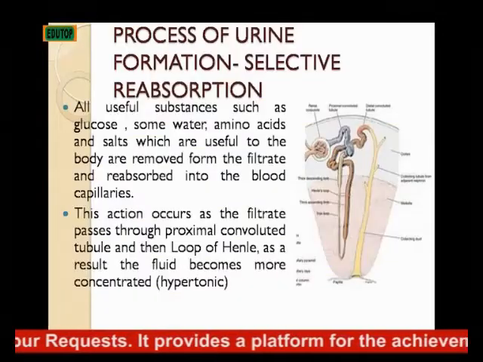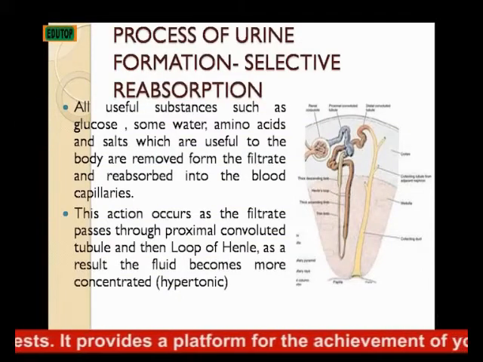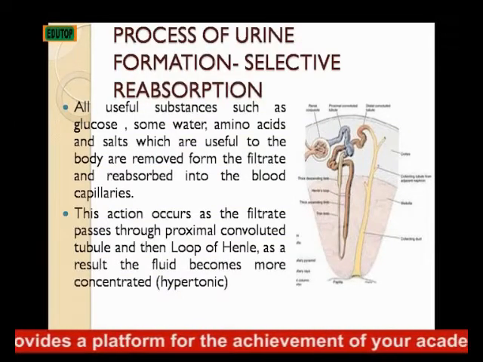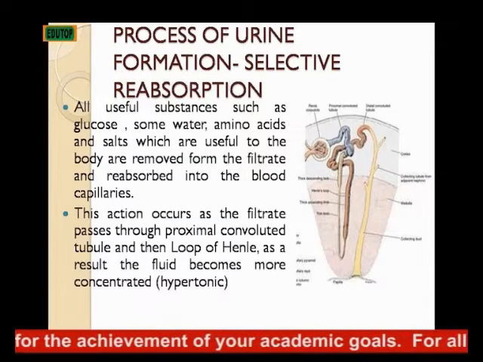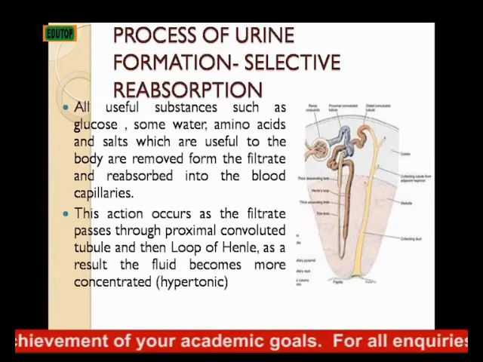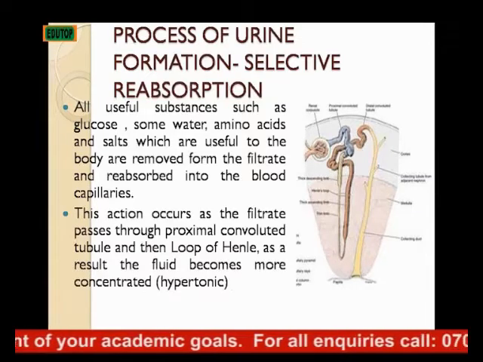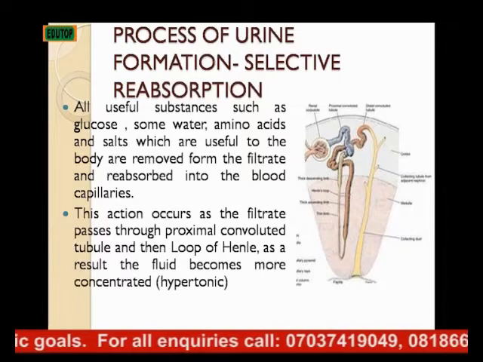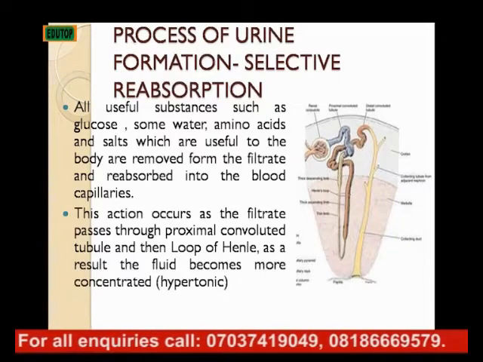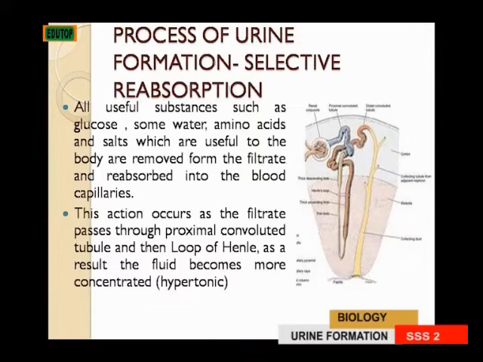This action occurs as the filtrate passes through the proximal convoluted tubule and then the loop of Henle. As a result, the fluid becomes more concentrated, that is, it becomes hypertonic.